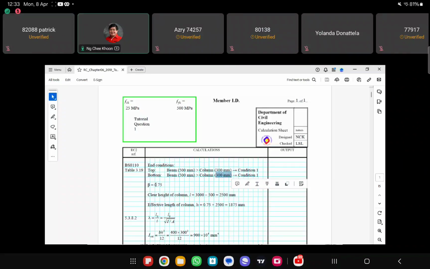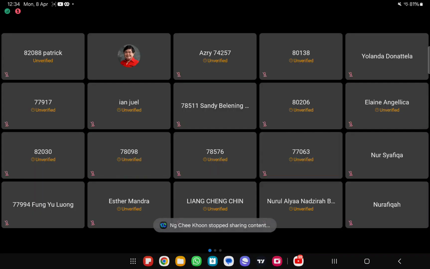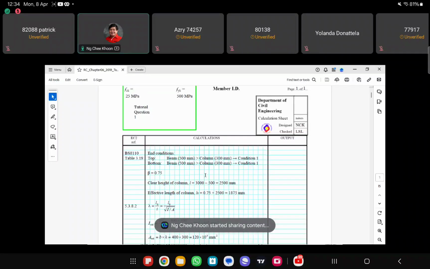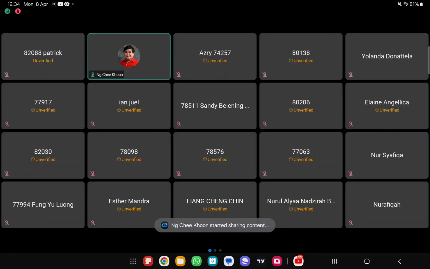So for this one we are using BS 8110. You see that it's condition 1 for the top end of the column, and it's also condition 1 for the bottom end of the column. So I hope you still remember this. All right, so for the beta value, let me share the one.